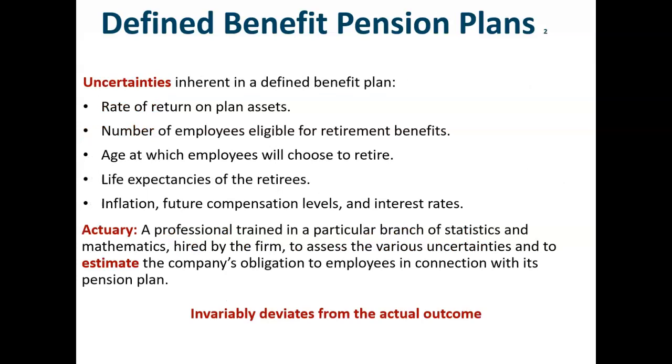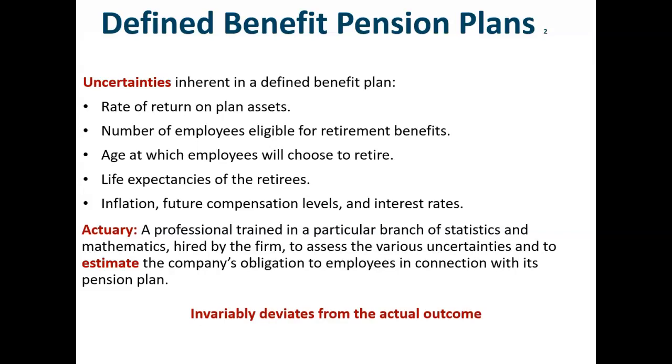When setting aside cash to fund a pension plan, the uncertainty surrounding the rate of return on plan assets is but one of several uncertainties inherent in a defined benefit plan. Employee turnover affects the number of employees who ultimately will become eligible for retirement benefits.